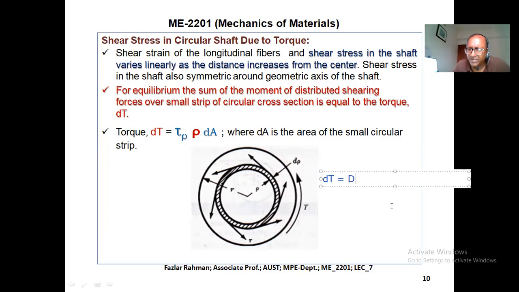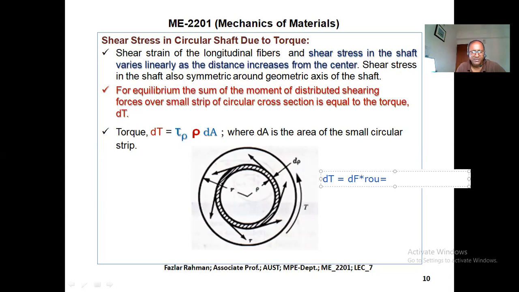dT equals dF into rho. This one, right? dF equals what you can say?